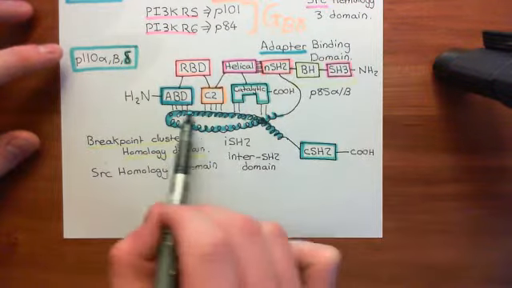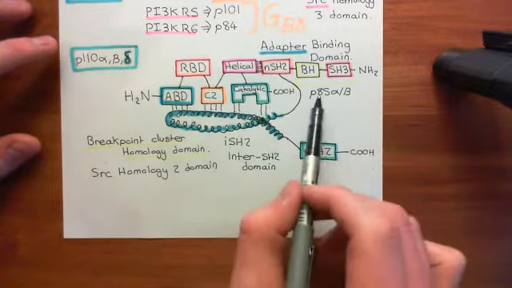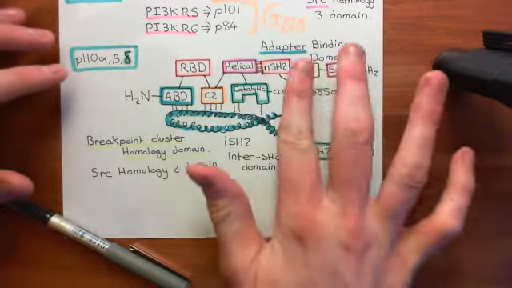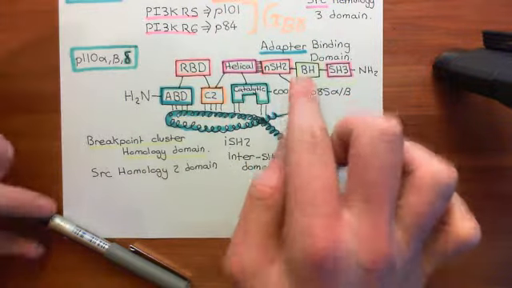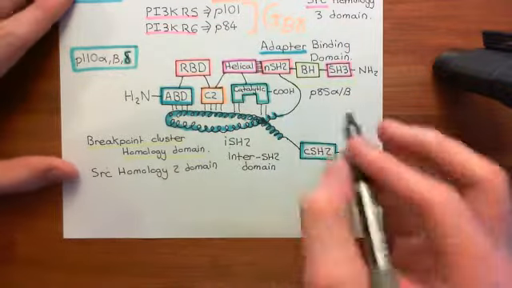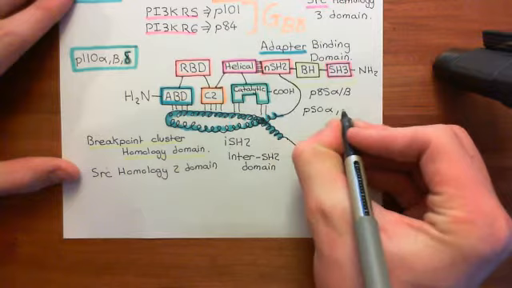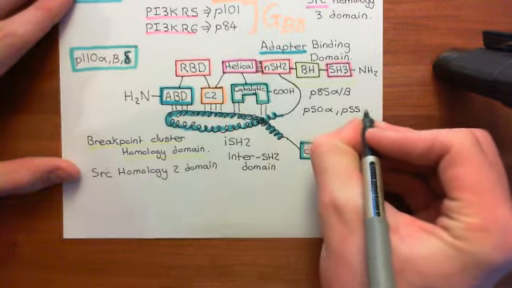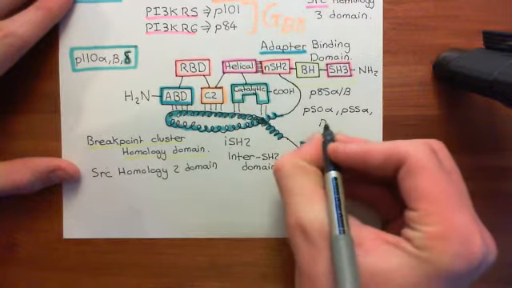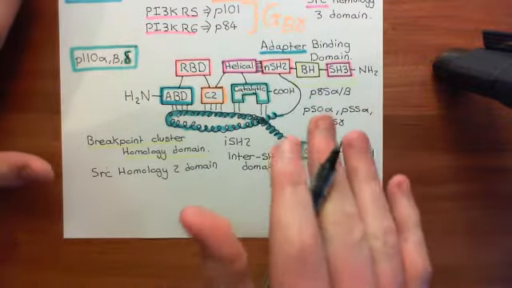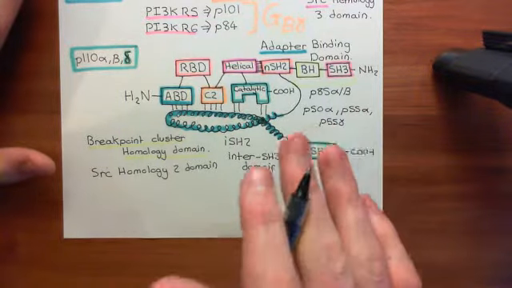The regulatory subunit, as I've drawn it, would be P85 alpha or P85 beta. If you scrap those two domains there and just have the amino terminus here, then it could be P50 alpha, P55 alpha, or P55 gamma. Any one of those shorter ones would create a type 1A PI3 kinase enzyme.